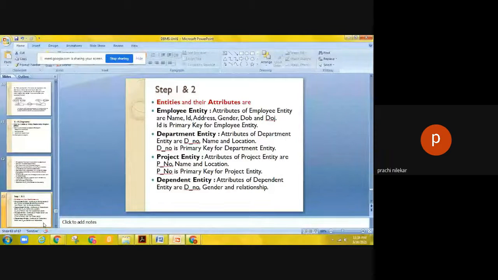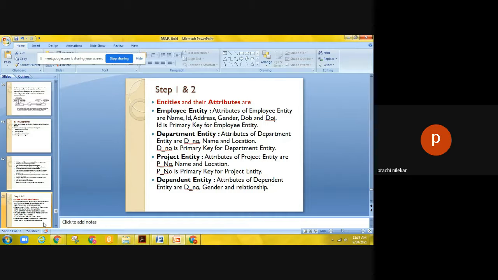Then, next, the project entity. Attributes of the project entity are project number, name, and location. And the dependent entity. Attributes of the dependent entity are dependent number, name, gender, and relationship. Okay.